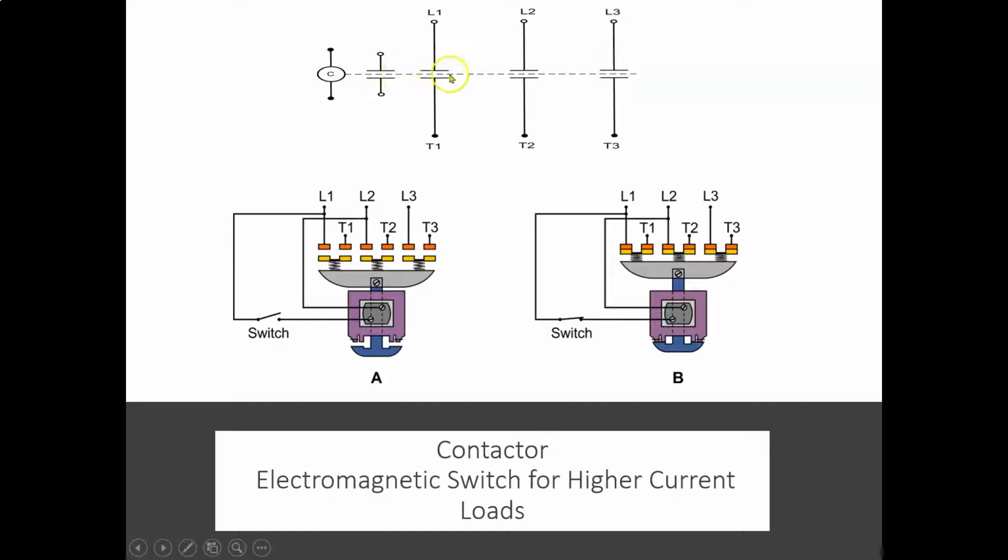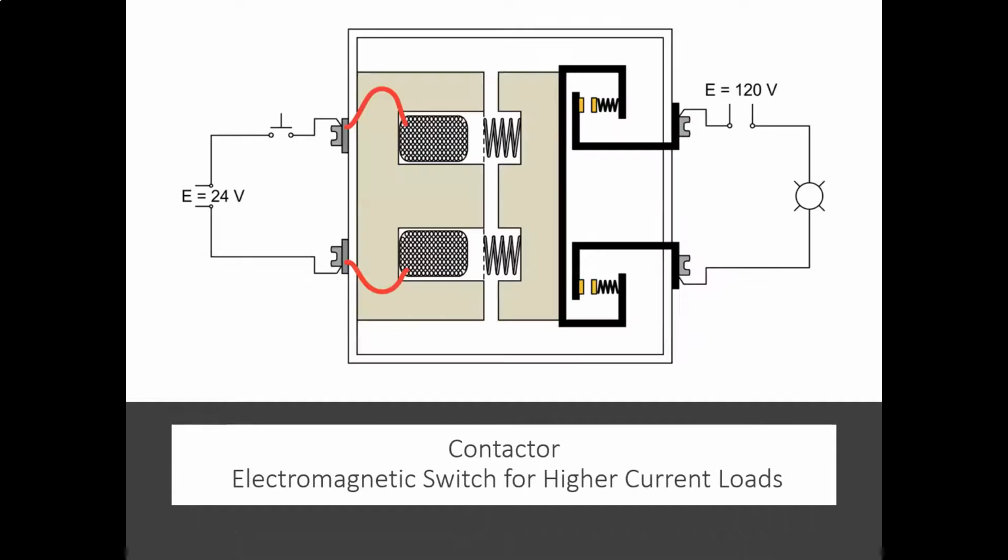We have line 1, line 2, and line 3, and then terminal 1, terminal 2, terminal 3 are what's going to be going to your loads. We'll talk about the pins and the springs afterwards, and a couple of other pictures. But a contactor is just a larger relay used for switching higher currents.